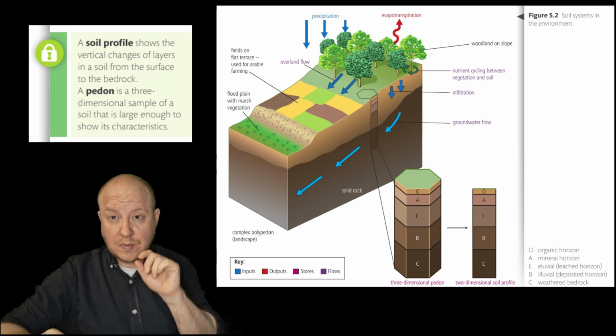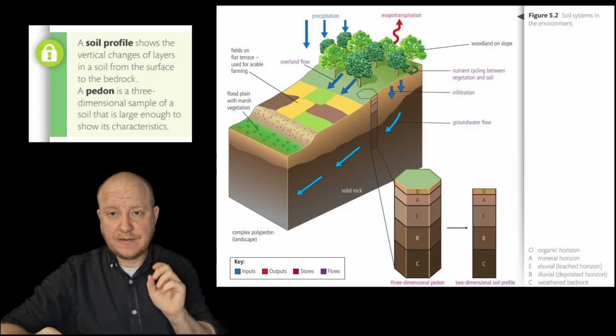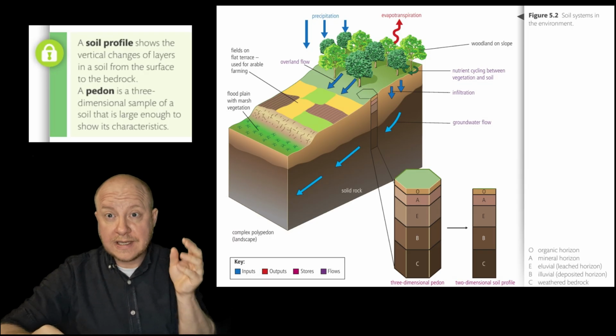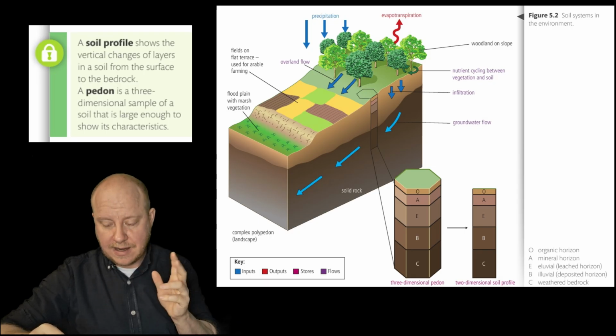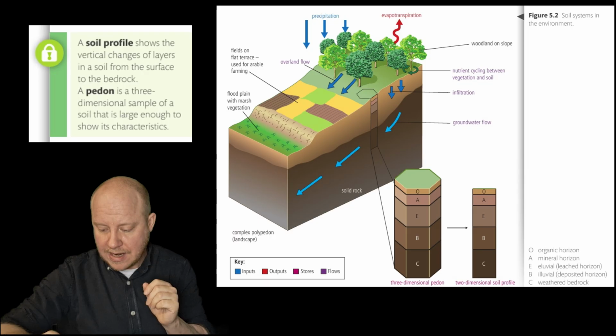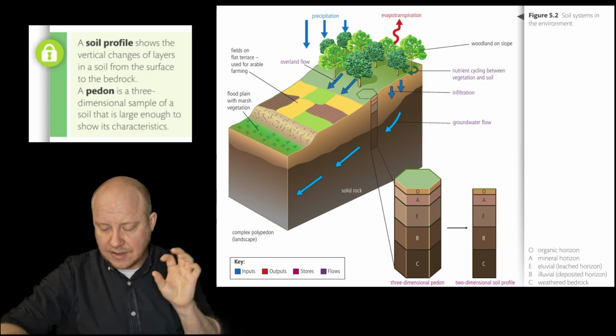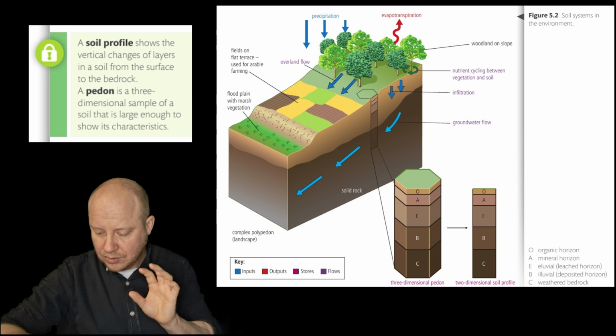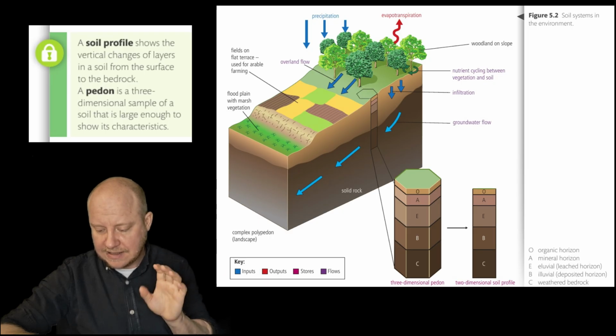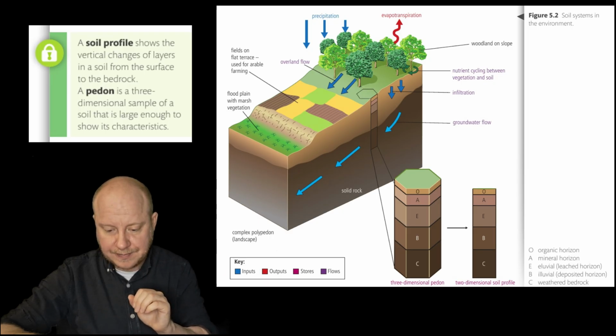So that's supposed to be the most living part of the soil, where all the organisms are, both dead and alive, all that organic matter. And then A, you would see the mineral horizon, and then E is the eluvial or leached horizon. B is the illuvial, the deposited horizon, and C is the weathered bedrock.